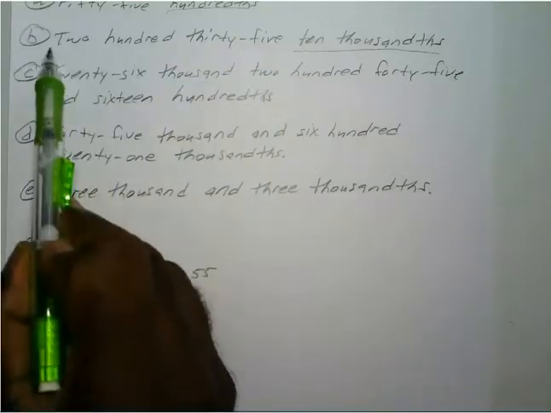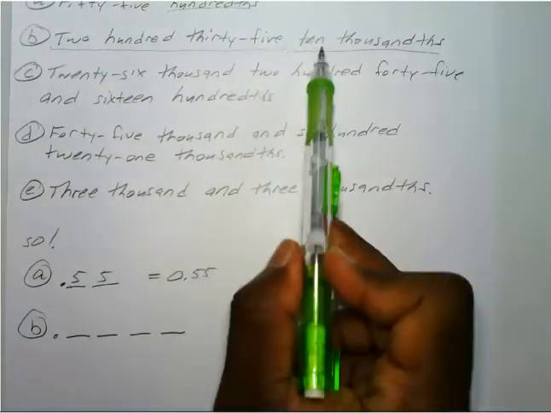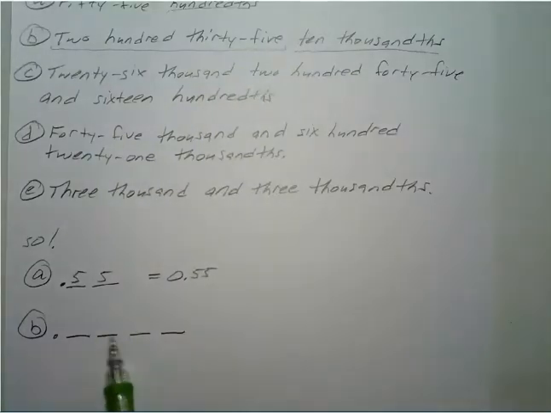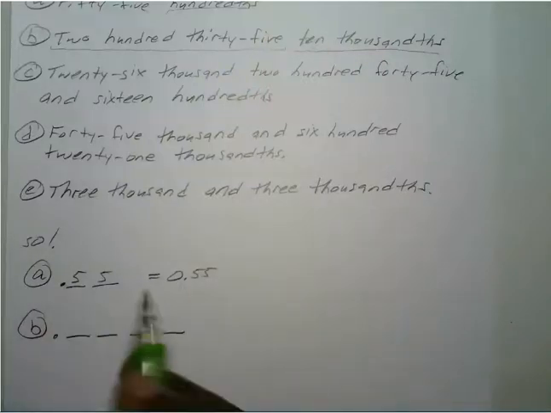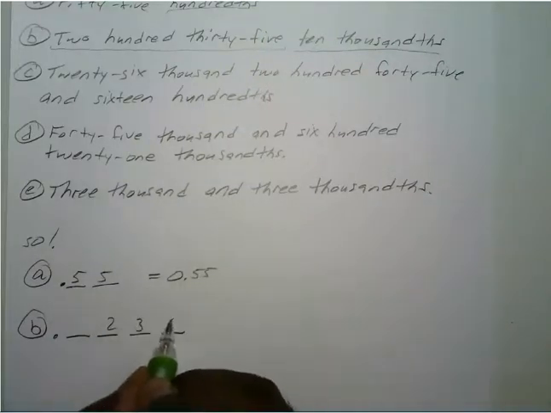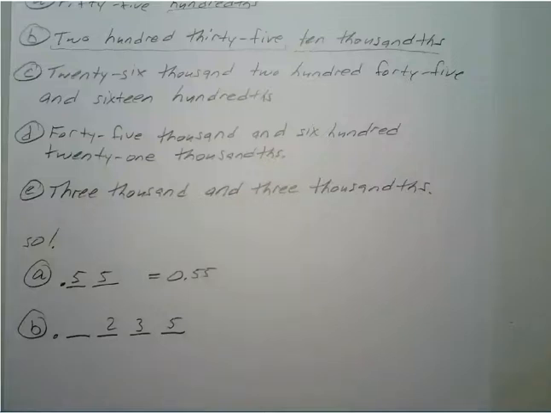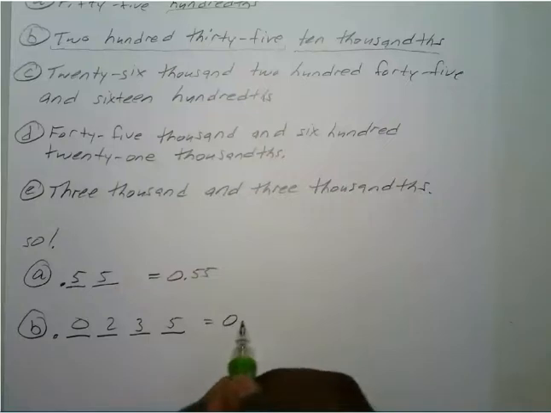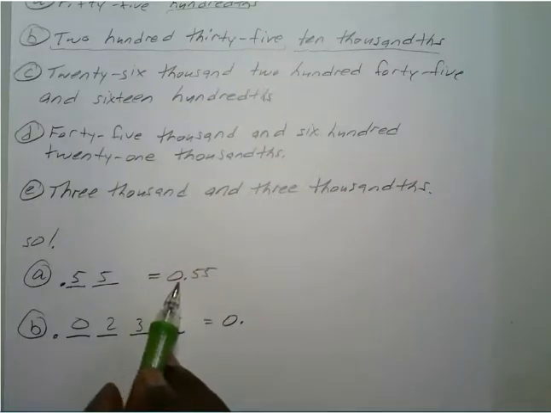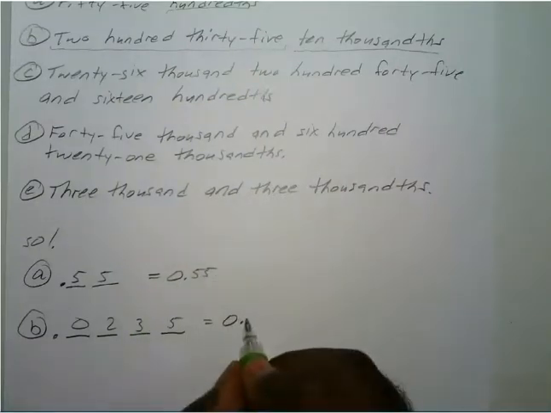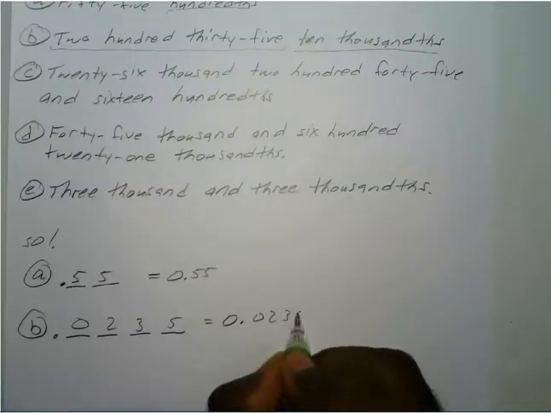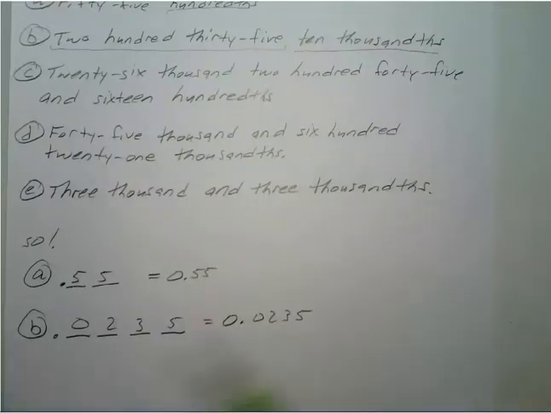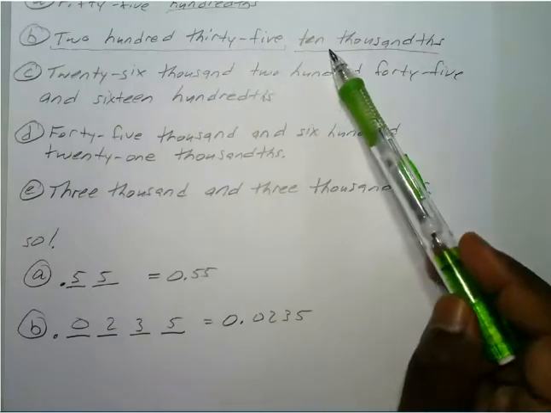Now that's 235 10 thousandths. So we're going to write 235 as far to the right as we can, and all the empty spaces will get a 0. You can put a 0 to the left of the decimal if you want to. You don't have to. I just do it out of habit. 0.0235. That's your 235 10,000ths.